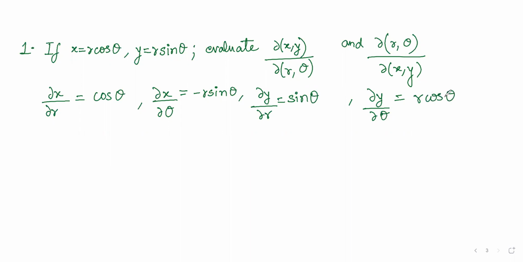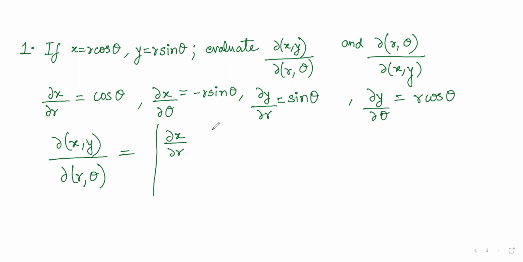Okay, now we have to find delta (x, y) upon delta (r, theta). Okay, so that is equal to delta x by delta r, delta x by delta theta, and delta y by delta r, delta y by delta theta.